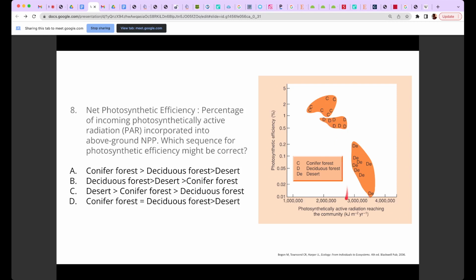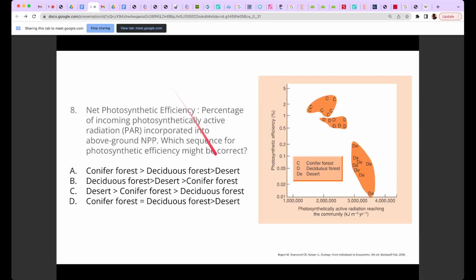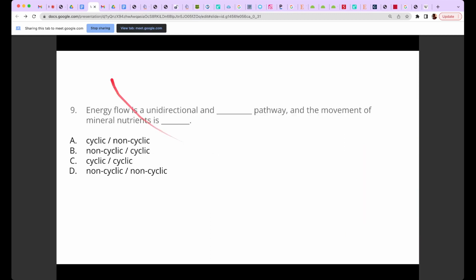But even then, the photosynthetic efficiency is much less for the desert and much higher for the conifer forest. So the answer is A, conifer, then deciduous, and then desert. Is everyone okay with the answer? Cool, then the next question is on your screen.